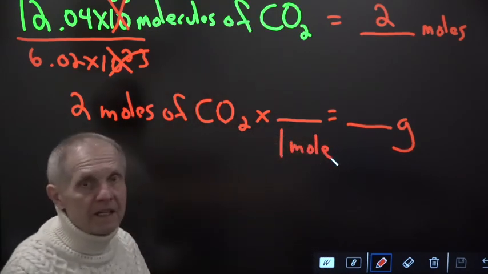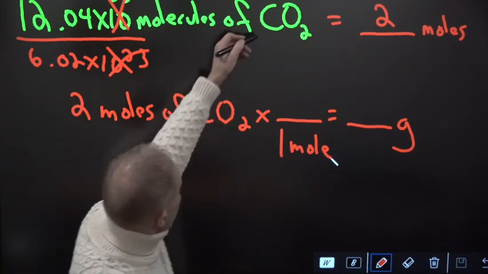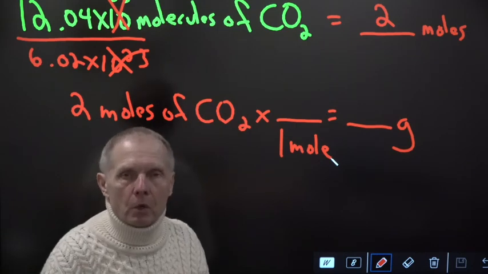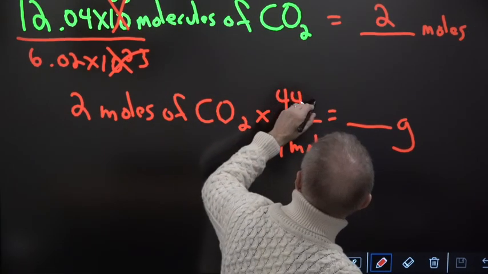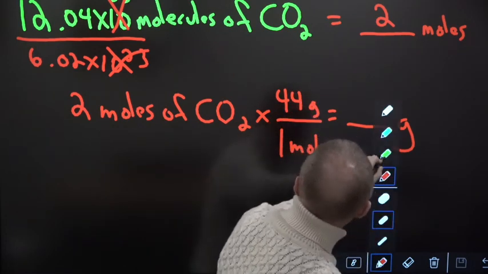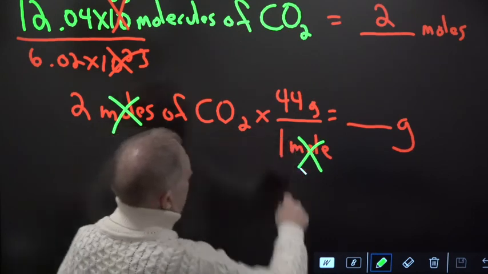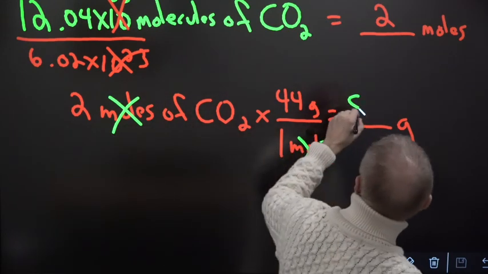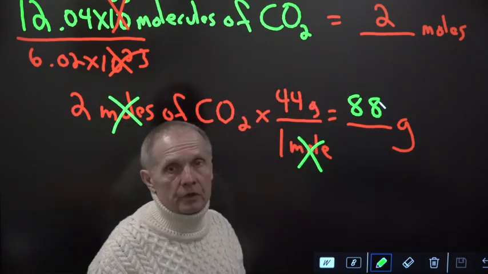Then you have to find the molar mass of CO2. Well, I got 12 and I got 32, so the molar mass of CO2 is 44 grams. So moles cancel with moles. 2 times 44, 88 grams will be in 2 moles of CO2.